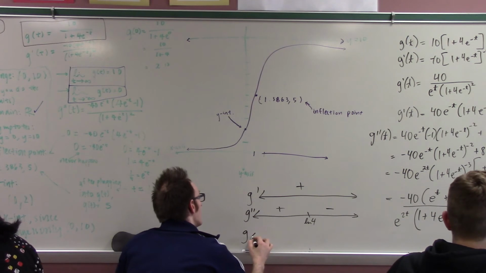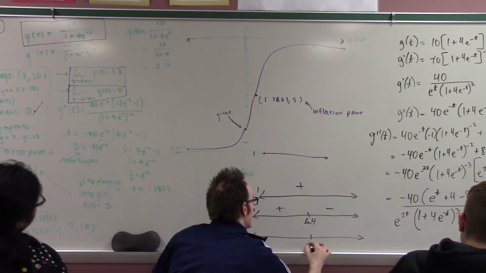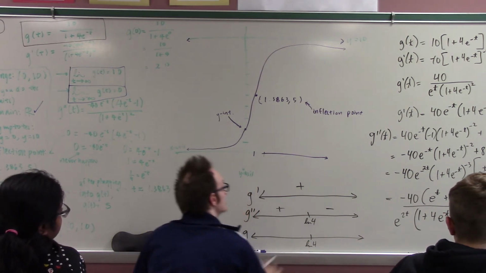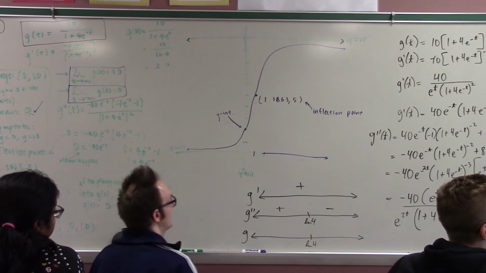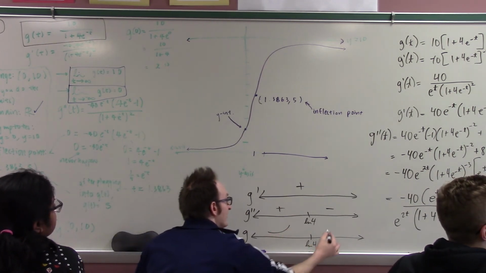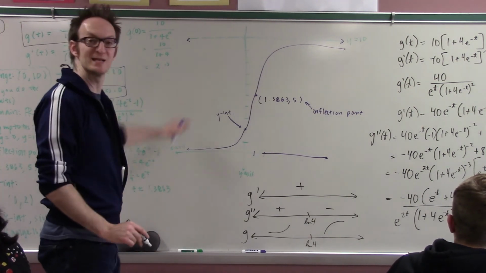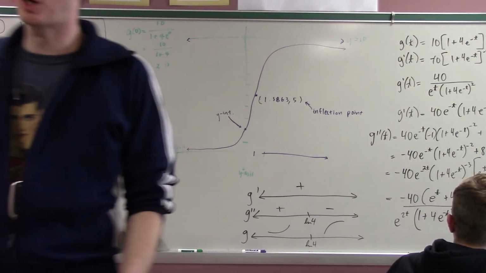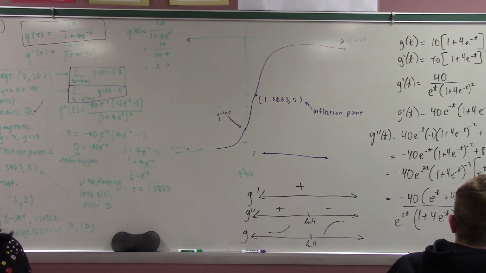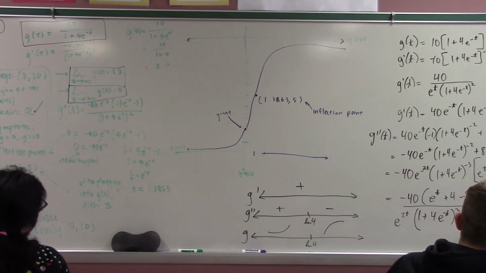So what we have is a function which is always increasing, but is first increasing concave up, and then increasing concave down. And so what we end up with is exactly the logistic curve that you remember from pre-calc B, but now we've actually proven using calculus that it really does what we say it does, right?